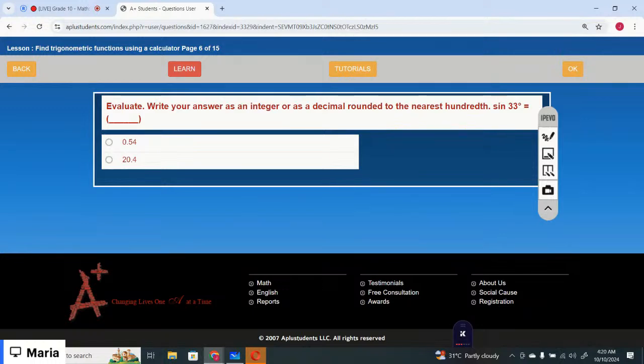Evaluate sine 33. That is 0.54. Option number 1 is the correct option.